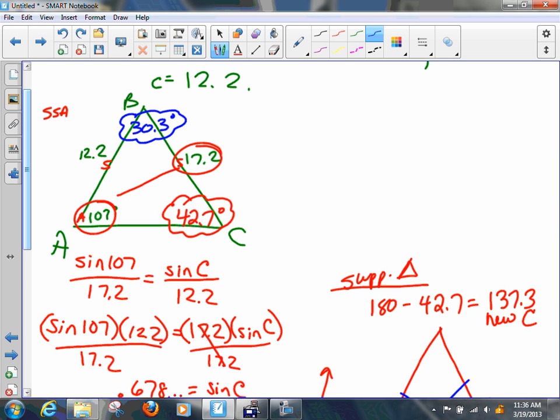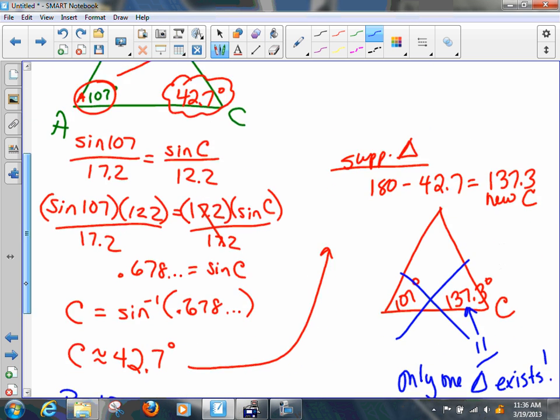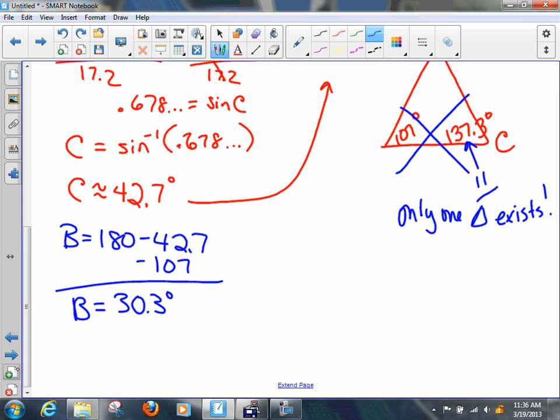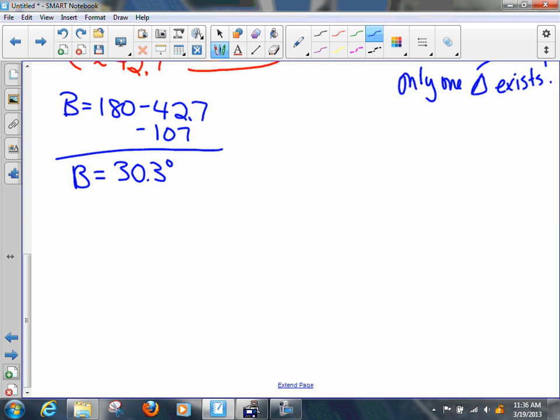Cloud. Oh, I can see immediately what I have to solve for. Now I got to solve for side B. So I'm going to use which ratio again? The original one, which is what? Sine of 107 over 17.2, which is equal to sine of 30.3 over little b, right?